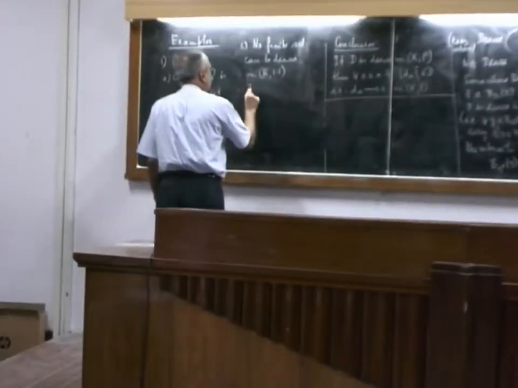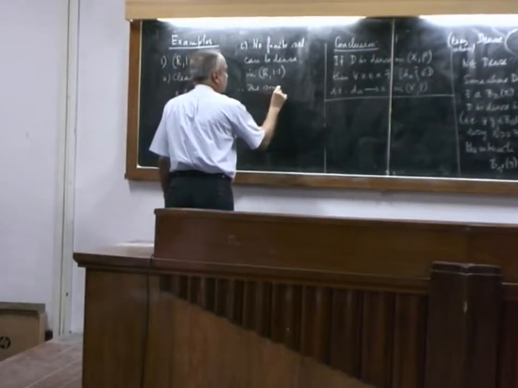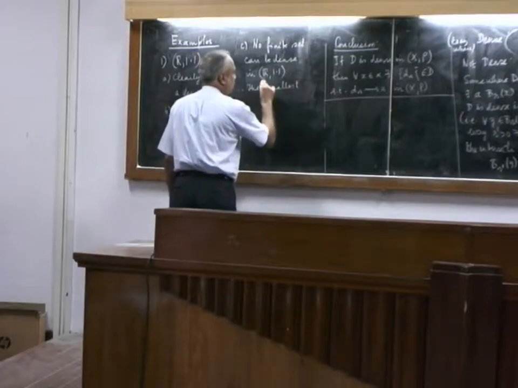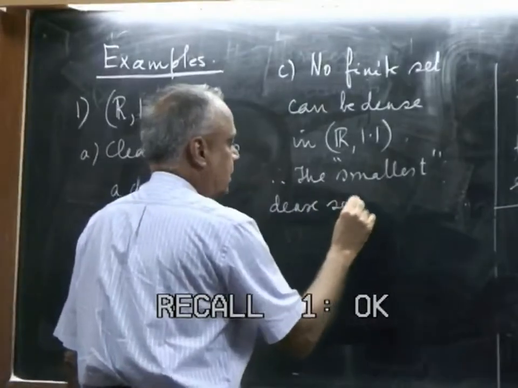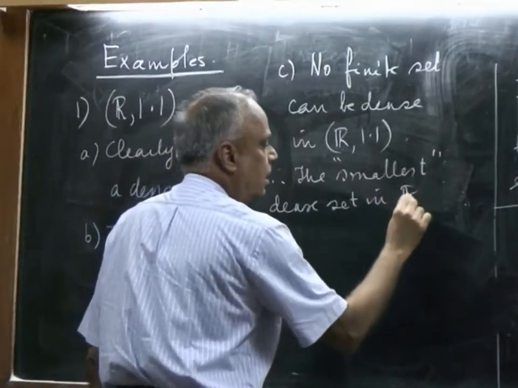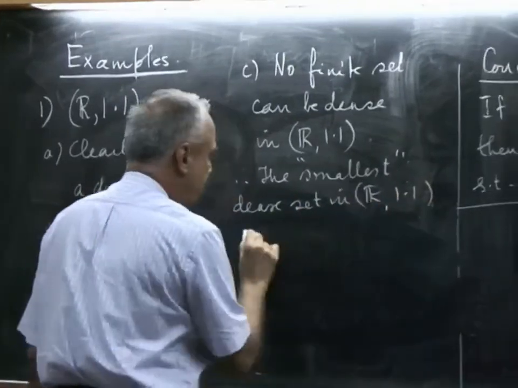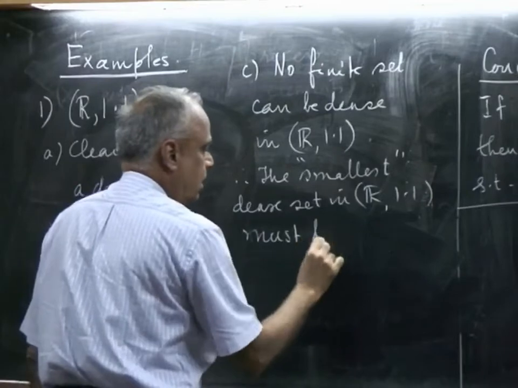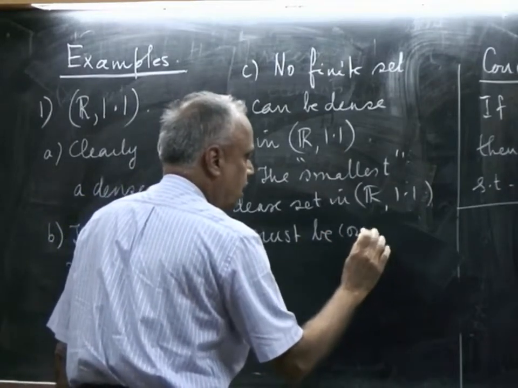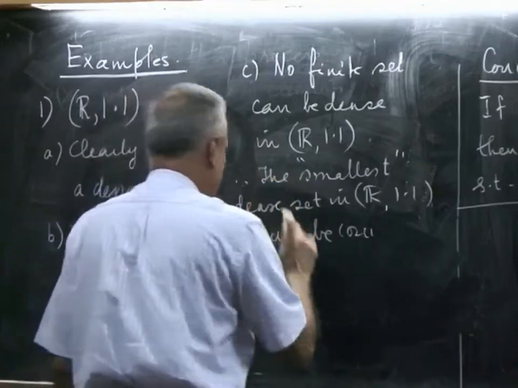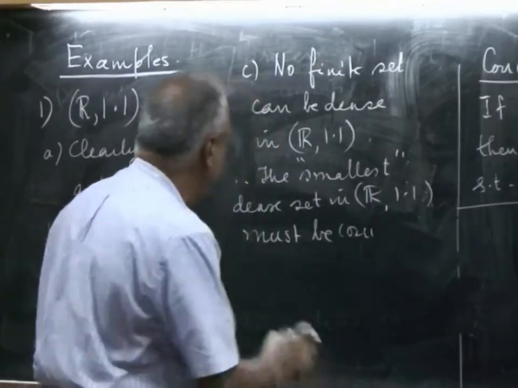Okay, so therefore the smallest dense set in R must be countable. Let me put it that way.